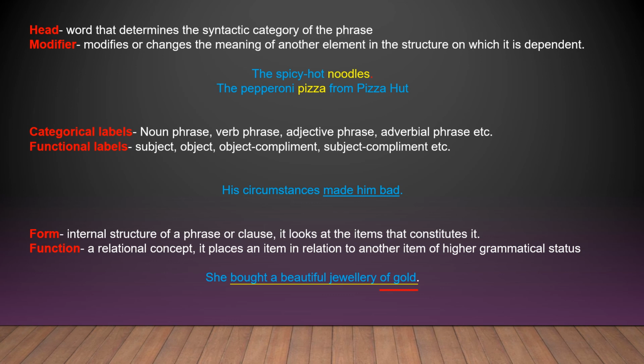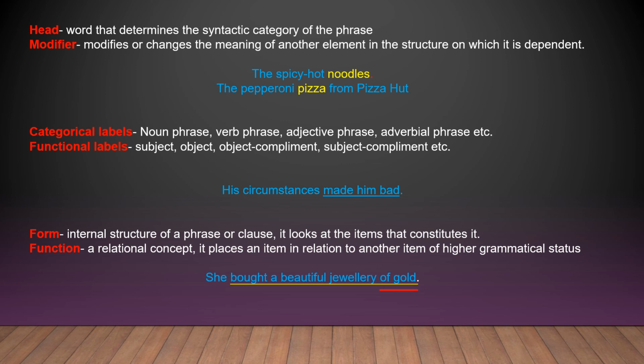So his circumstances made him bad. It is telling you something about the object, that's why it is acting as an object complement. So you put these labels on the elements of the sentence based on the function.